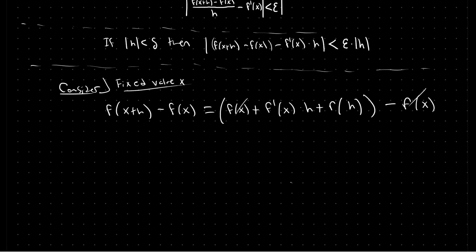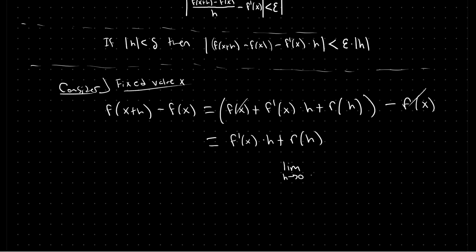The function evaluations cancel out, and we're just left with f prime of x times h, plus the remainder term r of h, where this remainder has to satisfy something special.